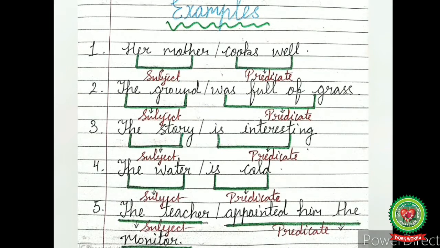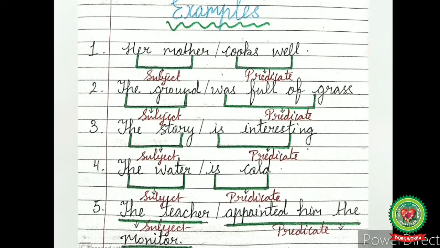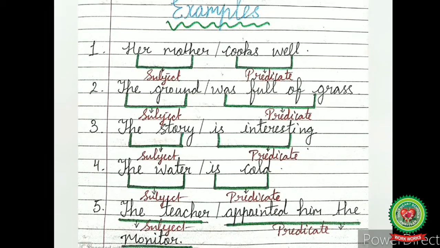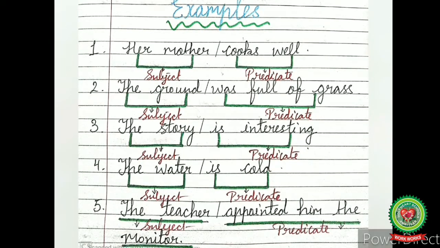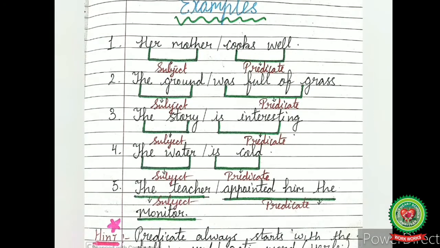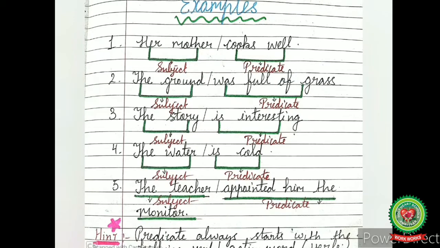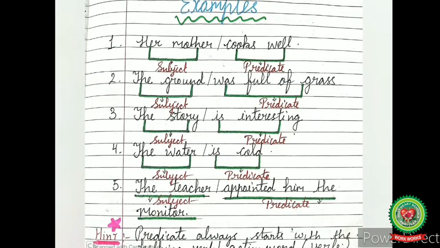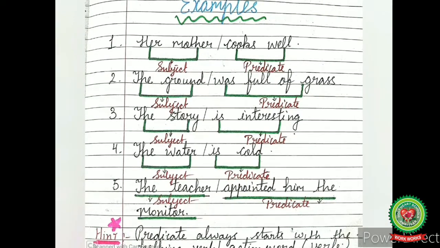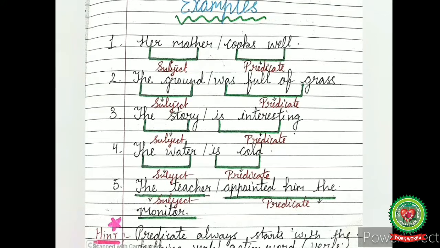The ground, so subject. What we are talking about the subject? Was full of grass, so predicate. Number 3, the story is interesting. About what we are talking? The story, so subject. What we are talking about the story? Is interesting, so predicate.